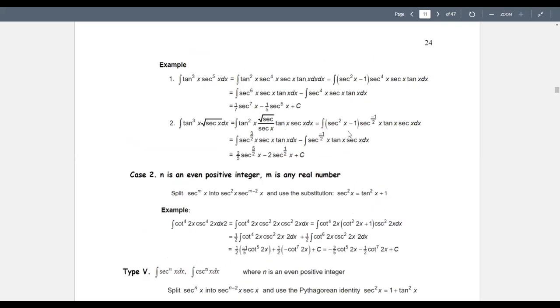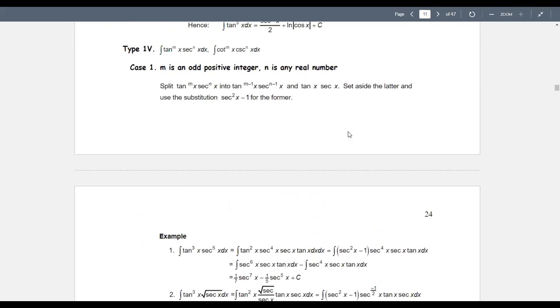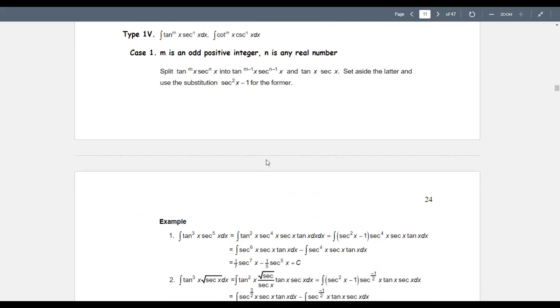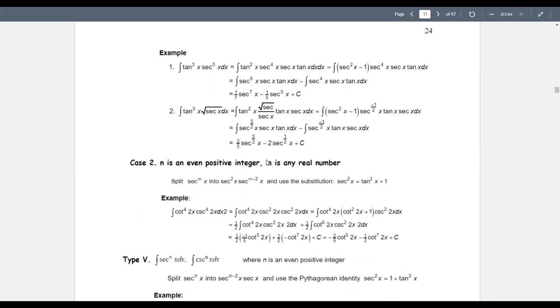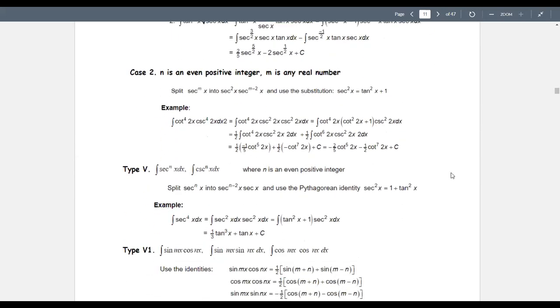Okay, case 1, before I go to case 2, is again saying that m is odd and n is any real number. Any real number for n. What about case 2? n is not any real number this time, but n is an even positive integer. m is any real number.